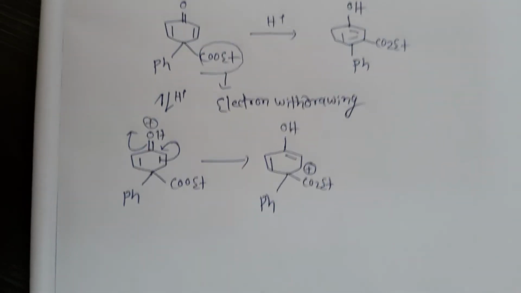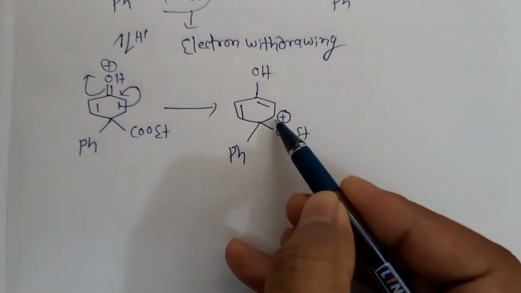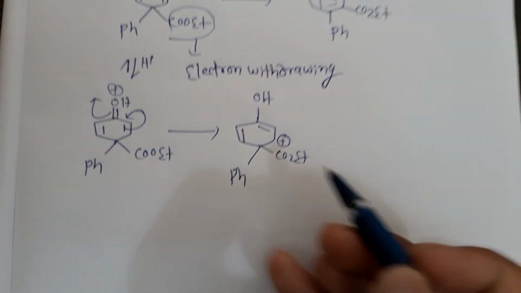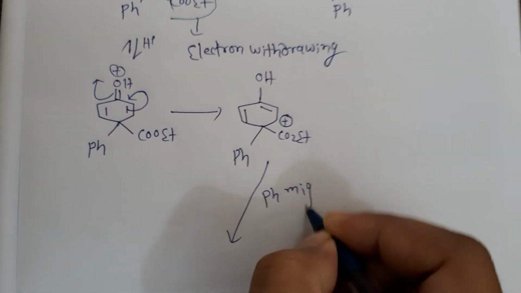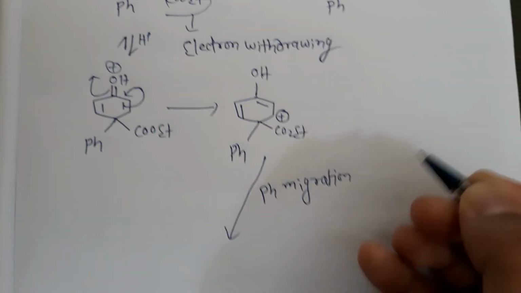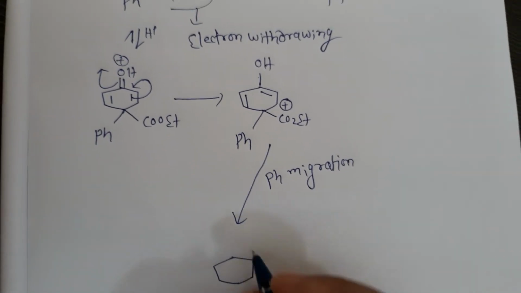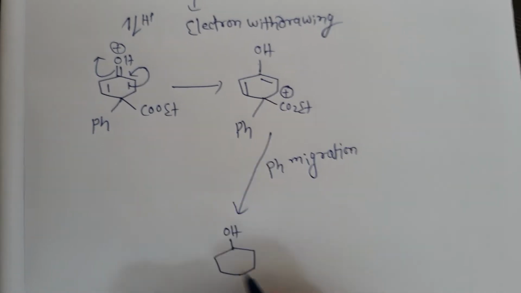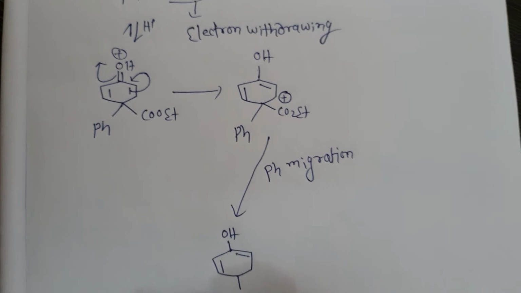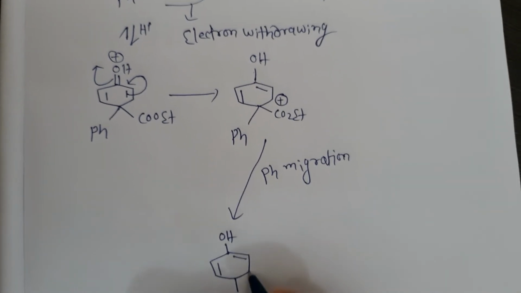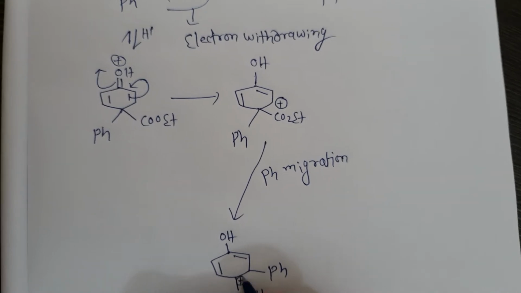Now see carefully, if the Ph group migrates here, let me show Ph migration. If Ph is migrating to that carbocation center, then here C double bond OEt, here Ph, and the carbocation is formed at that carbon.